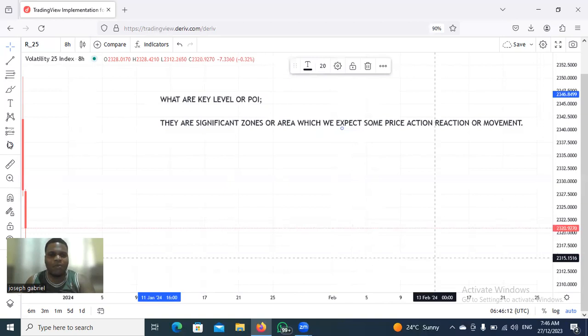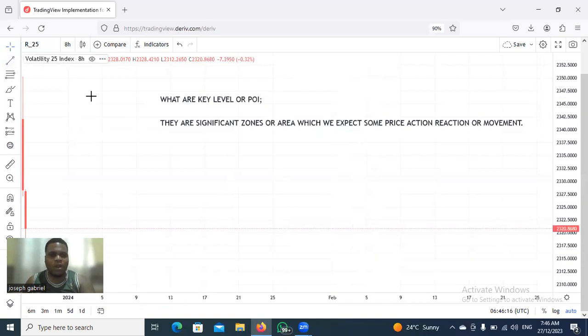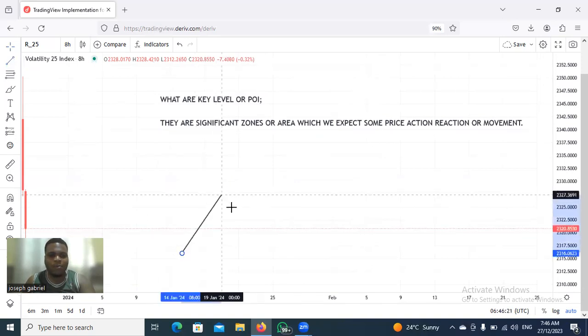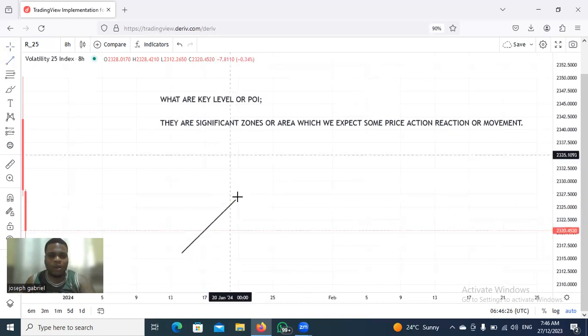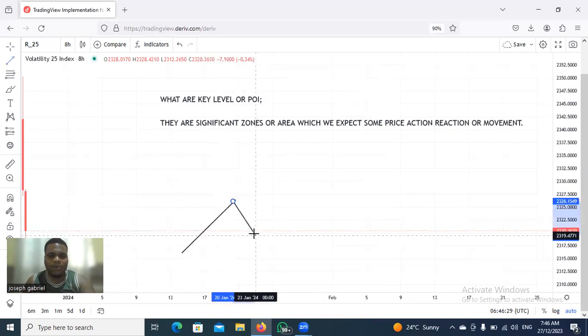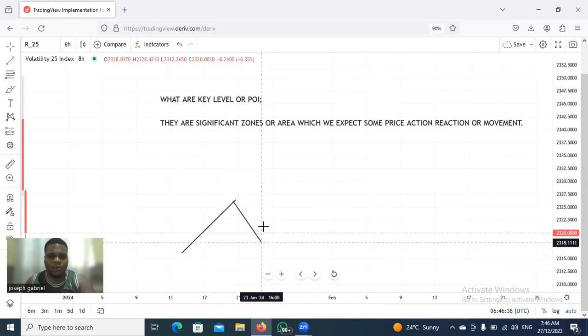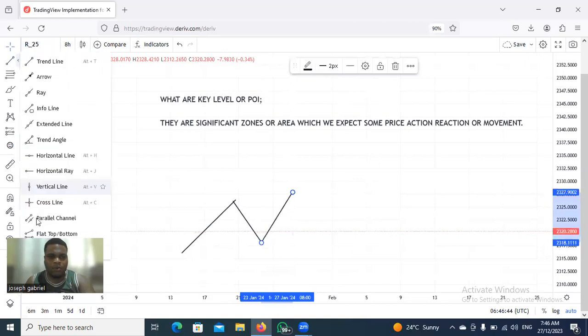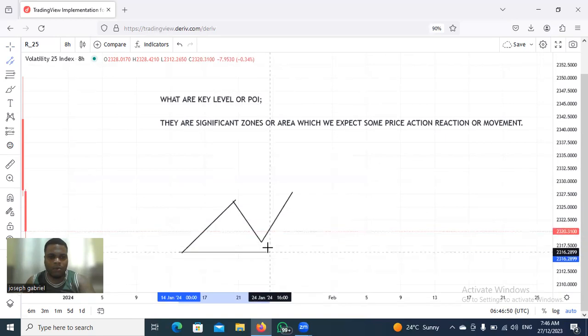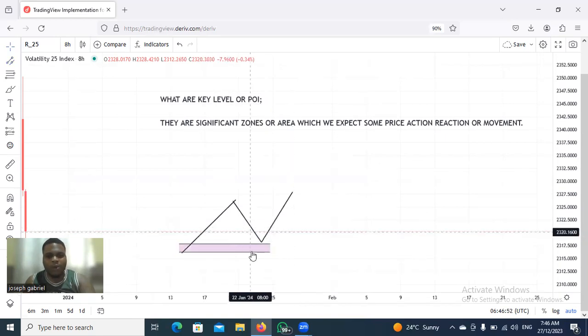Let me give an instance before I go into the charts. So let's say we have something like this, for instance. So right now this becomes my key level.